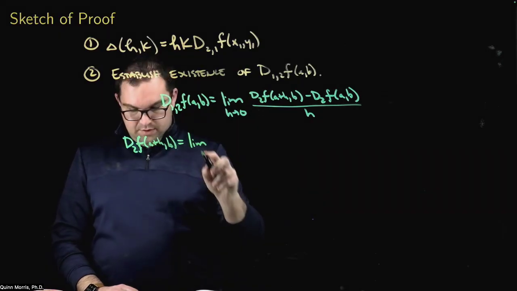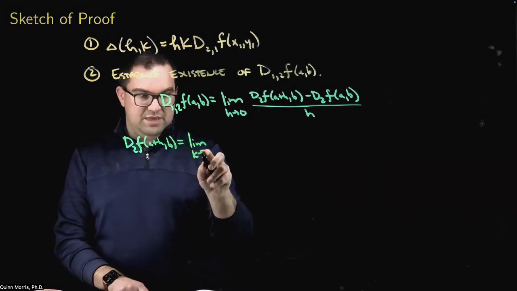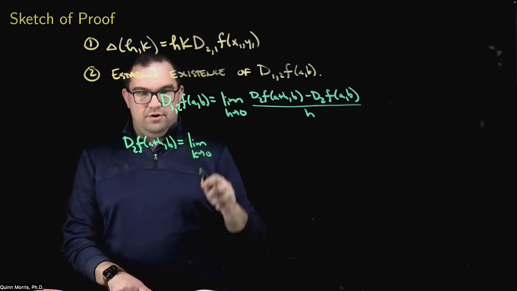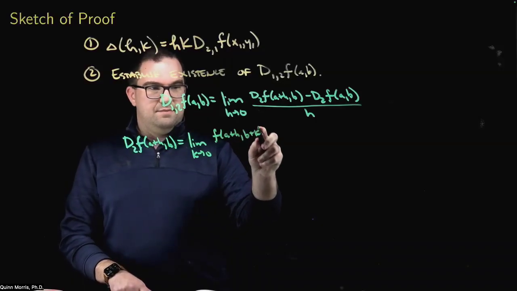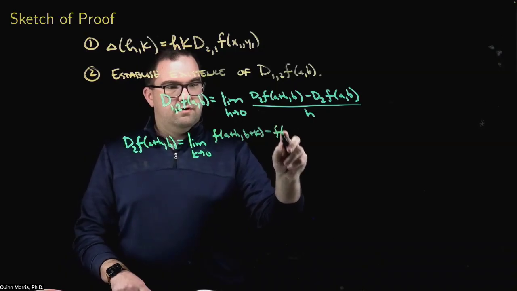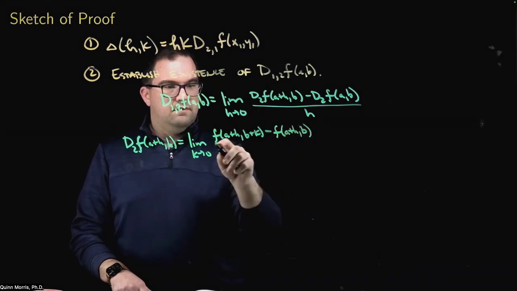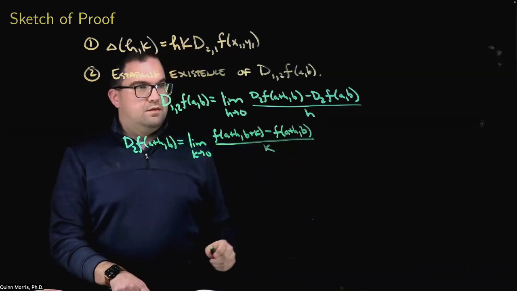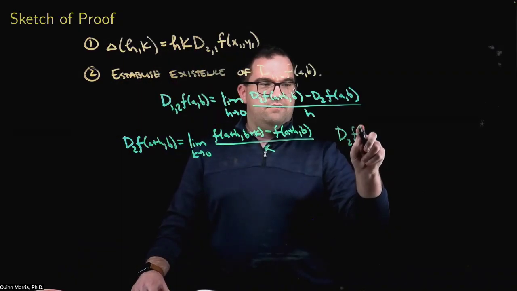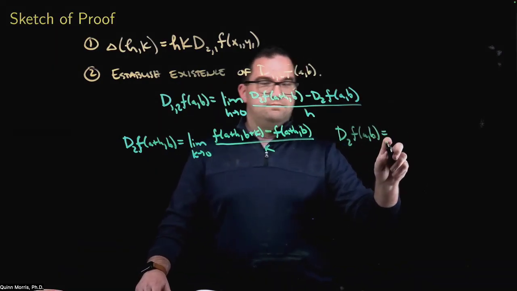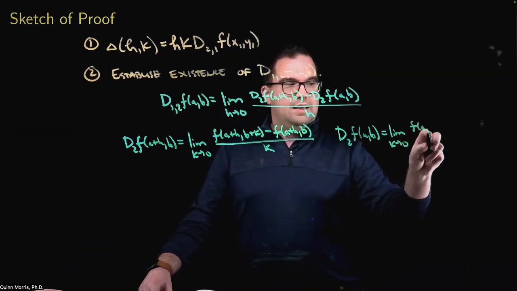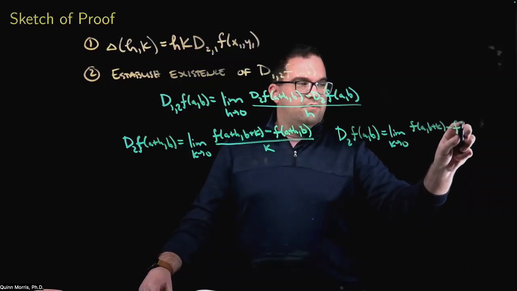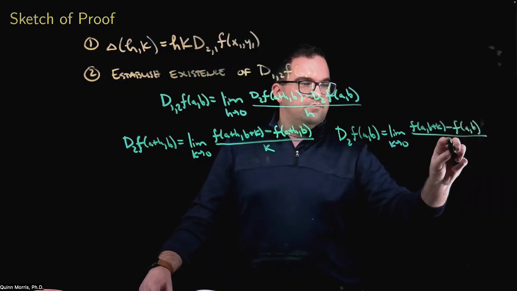That's defined to be the limit, and I'm going to use K here, generally my increment in the Y variable, of F of A plus H comma B plus K minus F of A plus H, B all over K. And similarly, D2 F of AB is the limit as K goes to 0 of F of A comma B plus K minus F of AB all over K.